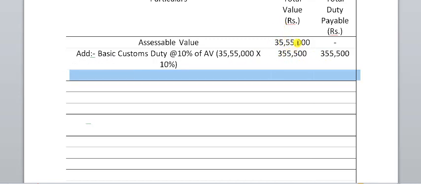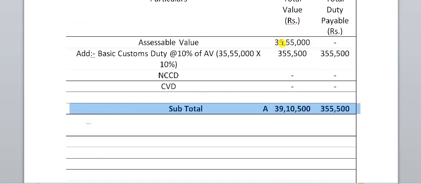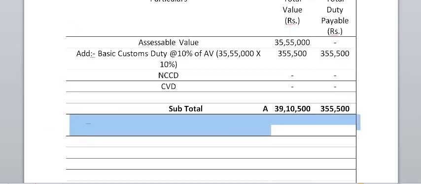Assessable value should be written in only one column. We have understood that by now. NCCD is not mentioned. Countervailing duty is not given. So by now we will get subtotal A. 35 lakh 55,000 plus 3 lakh 55,500, 39 lakh 10,500. So 3 lakh 55,500 as it is.